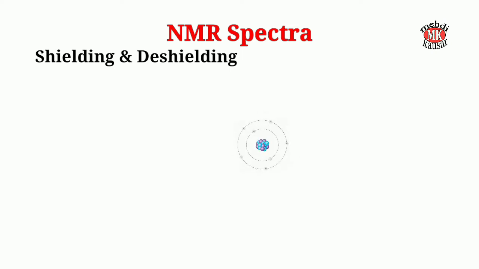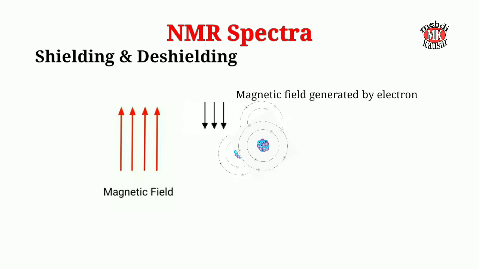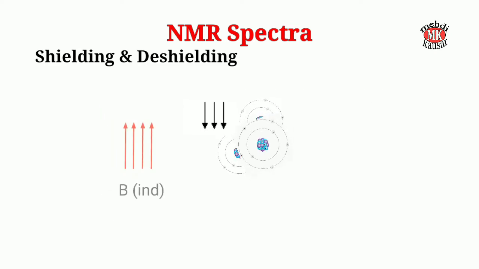When an atom is placed in a magnetic field, the surrounding electron cloud induces a magnetic field in a direction opposite to the applied magnetic field. Therefore, the magnetic field experienced by the nucleus will be slightly lower than the applied field.